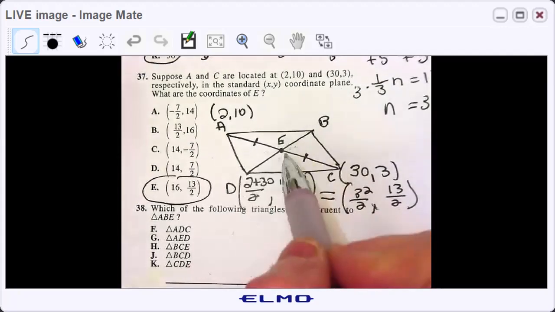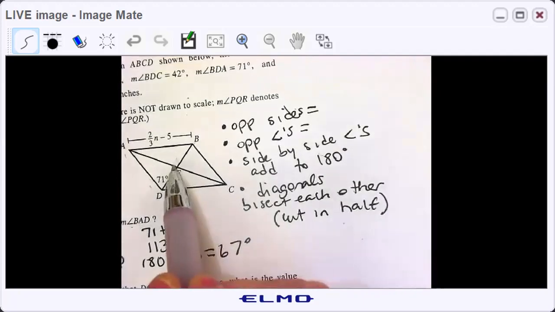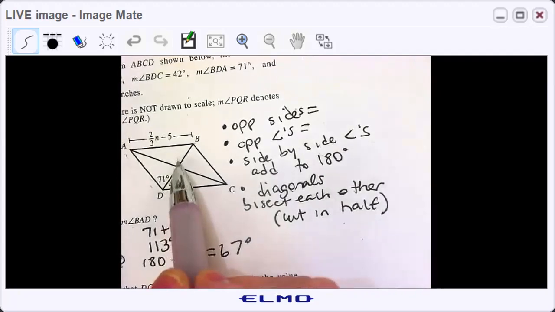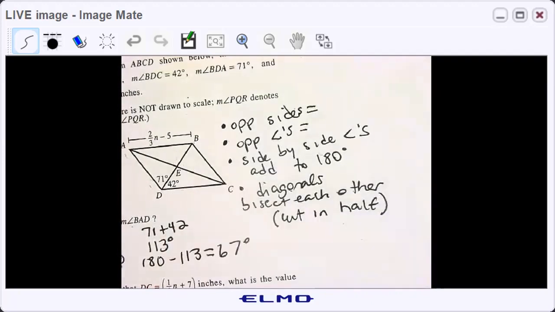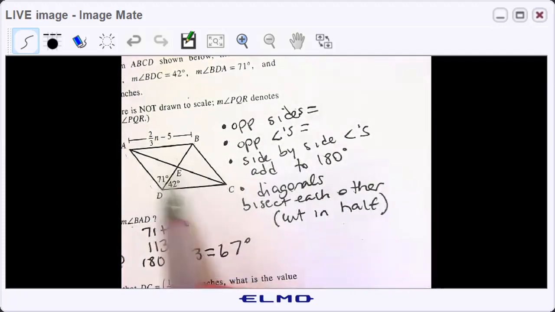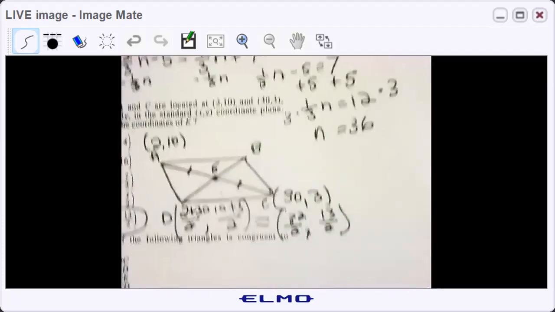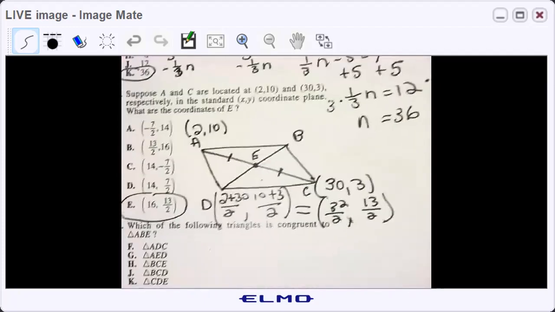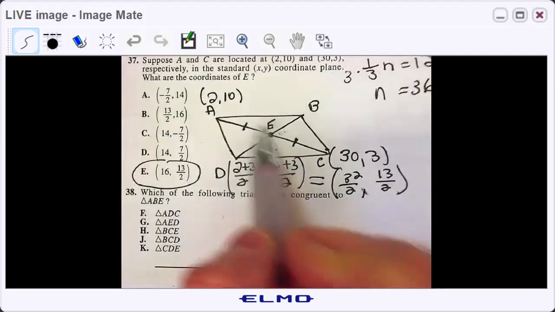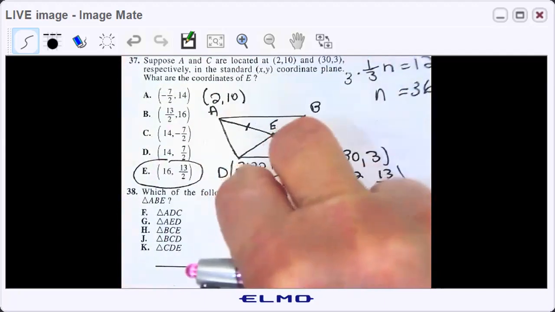But you can still kind of see a little bit that this one looks, from the original picture, a little bit past 90, whereas this one looks like it's just right under 90. But it tells you it's not drawn to scale, and that's what they mean by that. You can't go by the picture and think these are 4 equal triangles, because they're not. But I do know without a shadow of a doubt that this triangle, if you took and rotated it around, it would fall on the bottom.